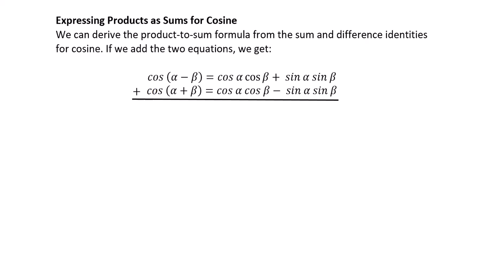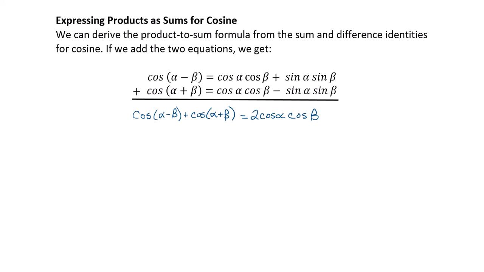If we add the two equations, we get the cosine of alpha minus beta plus the cosine of alpha plus beta is equal to 2 cosine alpha cosine beta, and our sine alpha sine beta will cancel out.